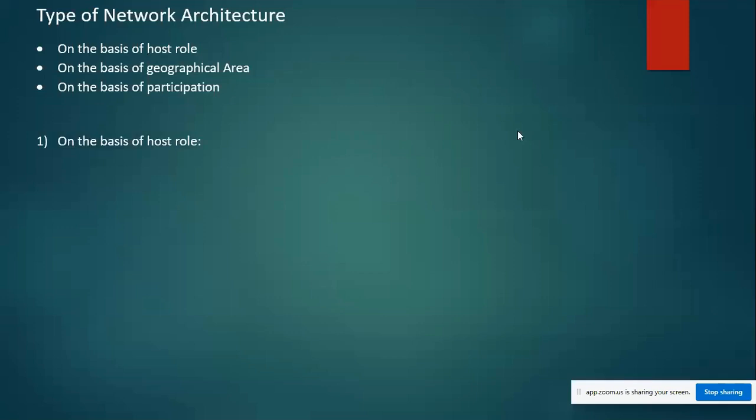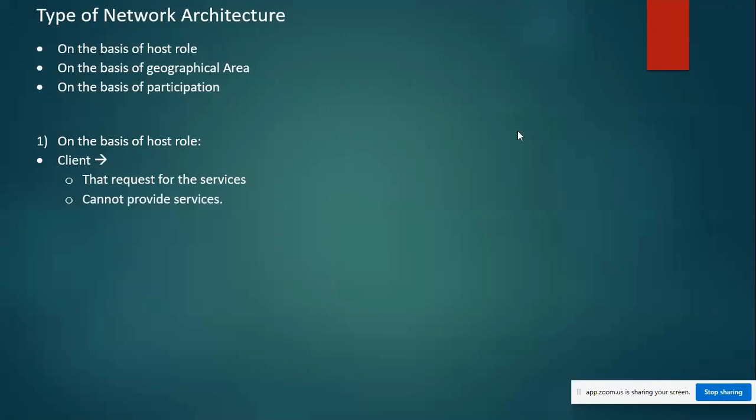First one, on the basis of host role, like client. What do you mean by client? You must have heard about the client server, right? So what is client? The client is the one that requests for the services, but he cannot provide the services. So he is the one who requests for the services.